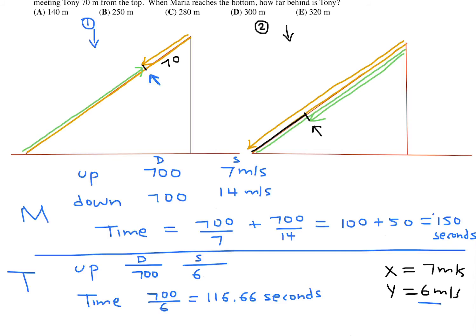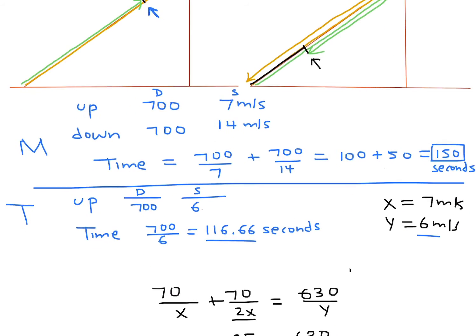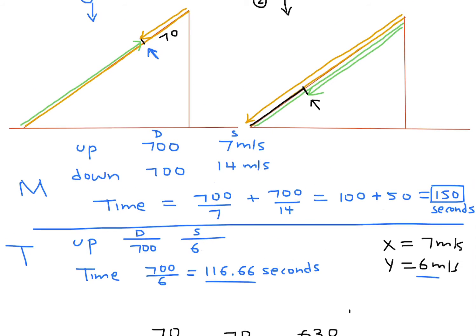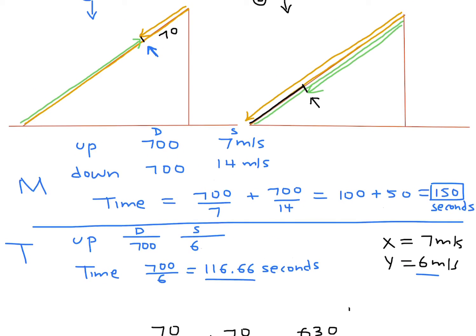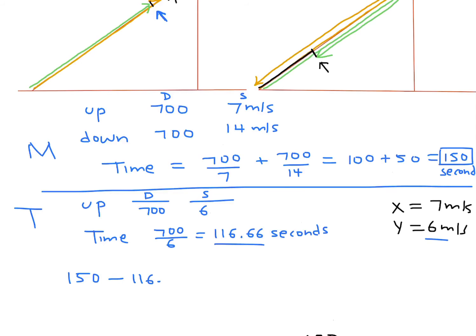Now, we have to understand that Maria takes 150 seconds to go up and down. He's already traveled for 116 seconds. So he has how much more time to travel? He has to travel an additional 150 minus 116.66 seconds, which is 33.33. Correct?